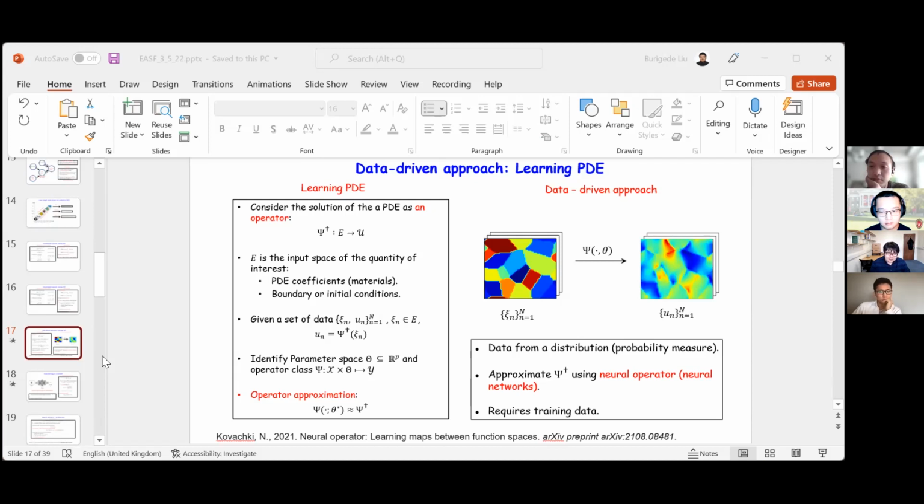I think the code that I've shared on GitHub has the Fortran code, which already has the neural network architecture coded there. So if you're interested, I can send you an email and explain all this.